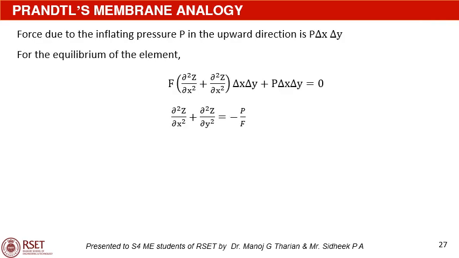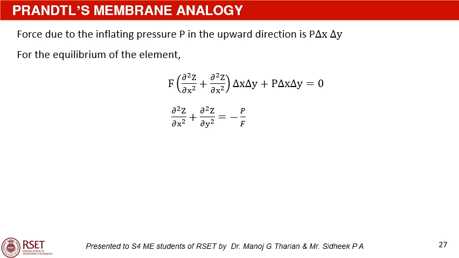The force due to the inflating pressure P in the upward direction is given by P multiplied by the projected area of the membrane element onto the xy plane, which is equal to P into delta x into delta y.